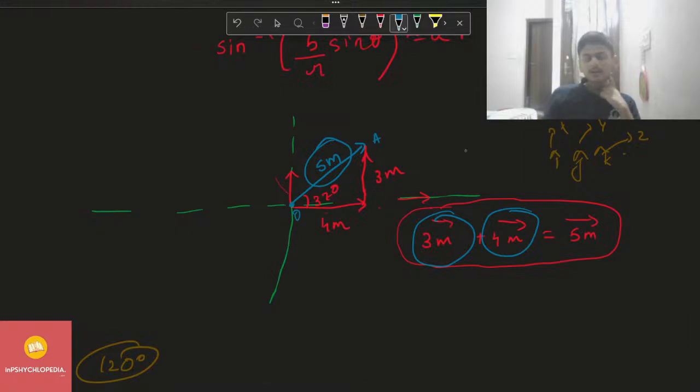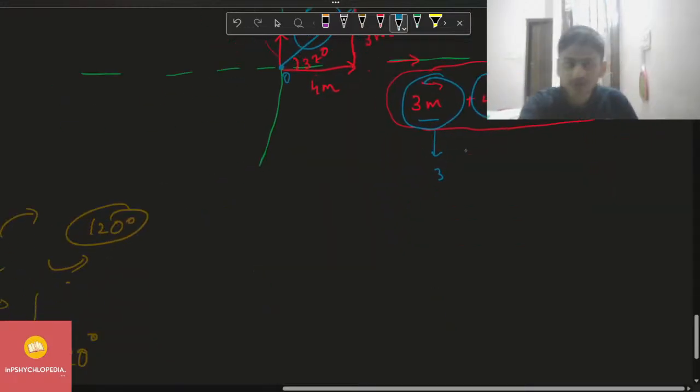So what are these 3 meters and 4 meters? These are the components of 5. If a vector is written in the form of multiplication of the magnitude of its 90 degree, like, let's start it from scratch.